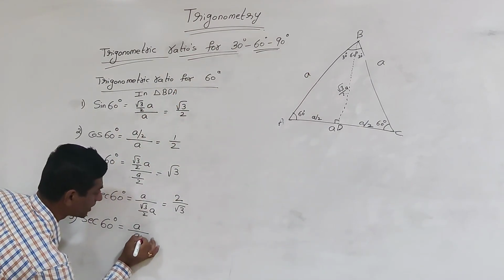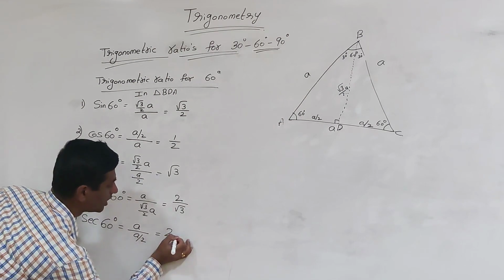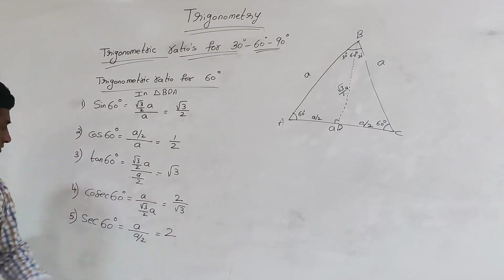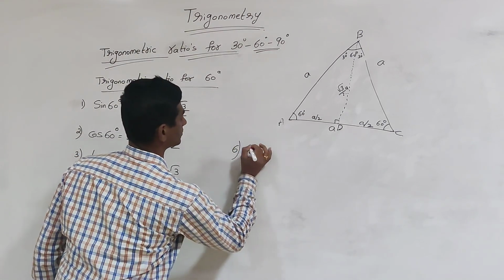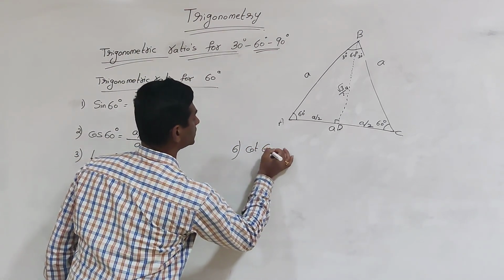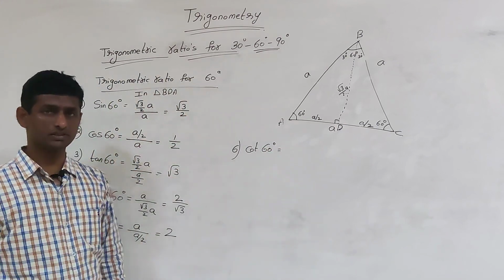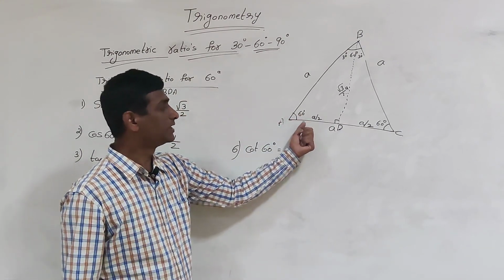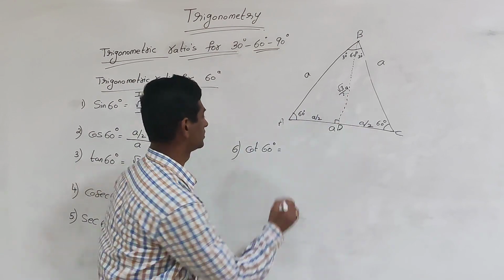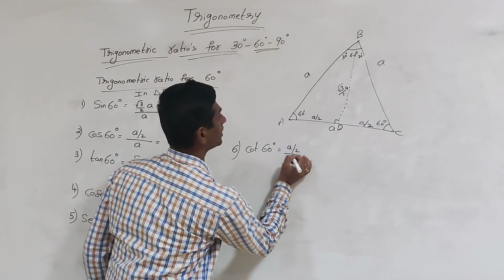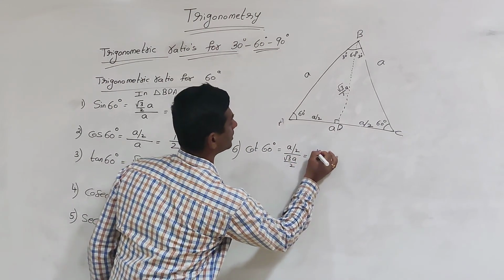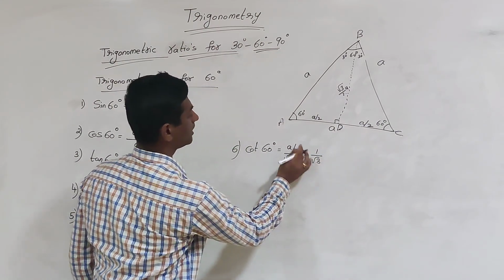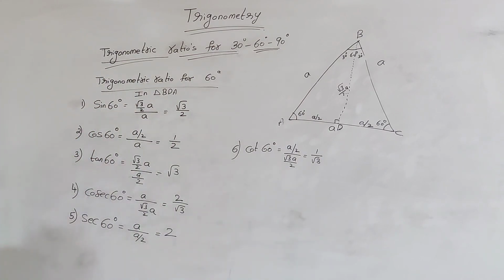A by a by 2. After simplification, it will be 2. Cot 60 degrees. Adjacent side by opposite side. A by 2 by root 3 a by 2. So a by 2 cancels, it will be 1 by root 3.